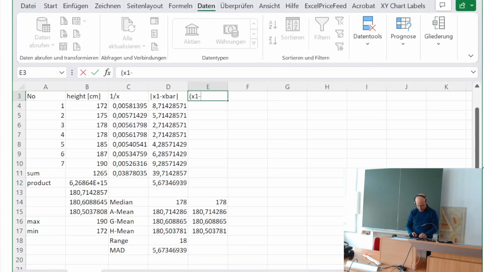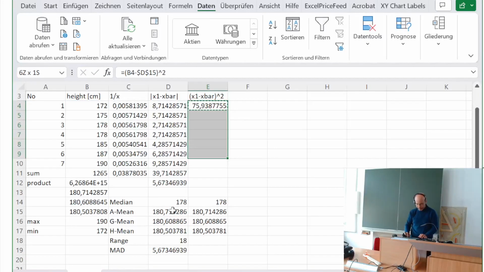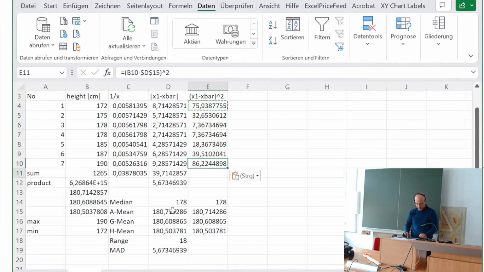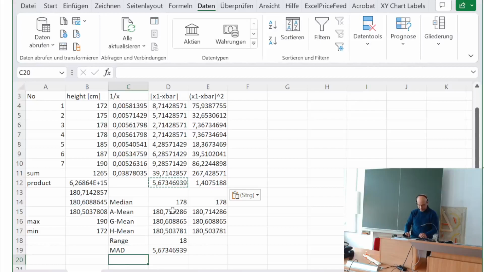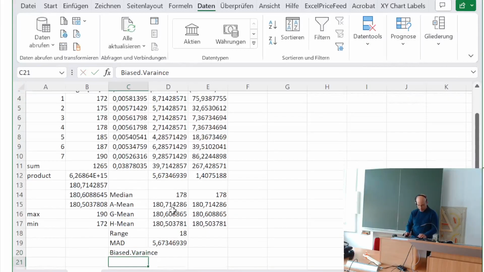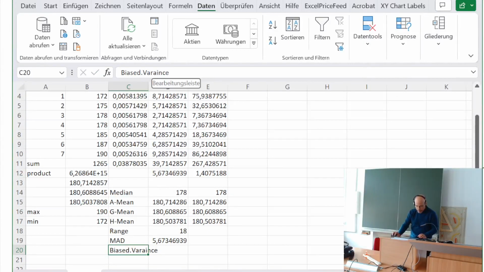Xi minus x bar squared equals, open this one, minus arithmetic mean, fixed, brackets, squared, sum, and divided by 7. Biased variance, variance.